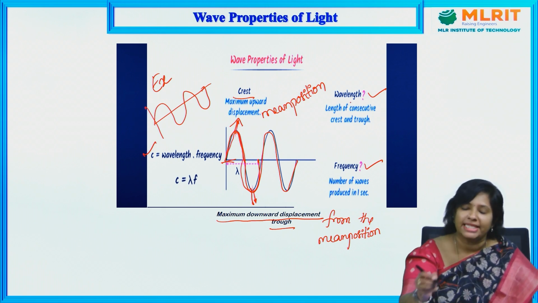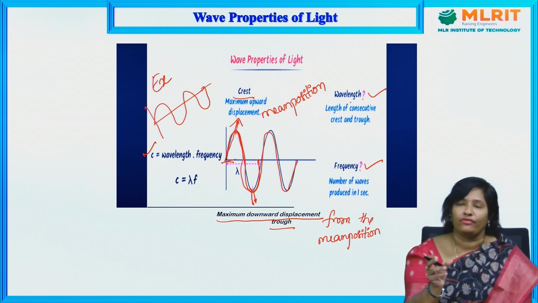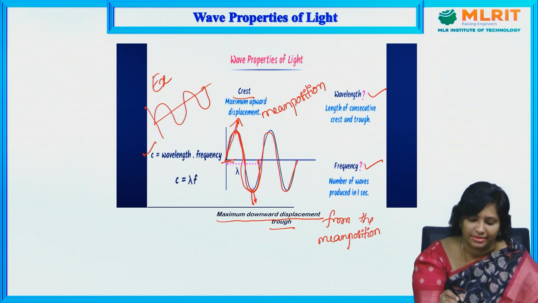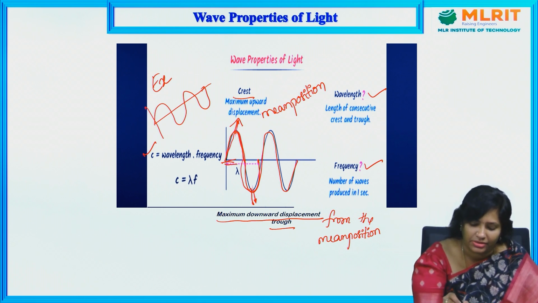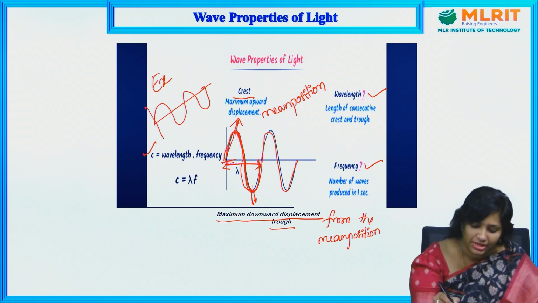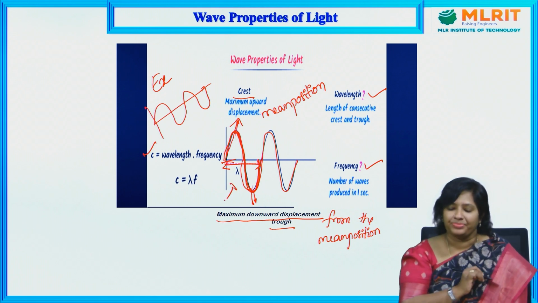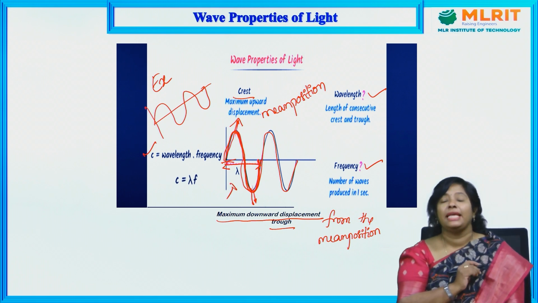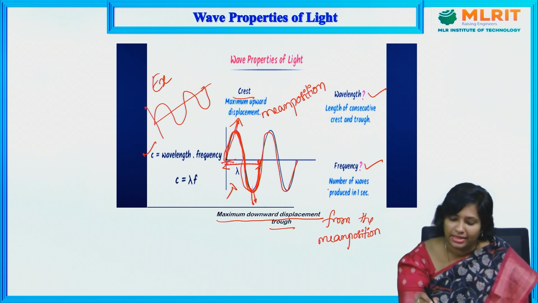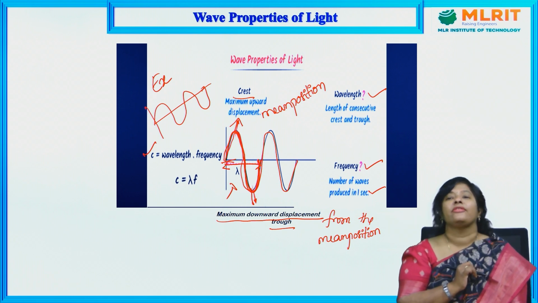Okay, what is wavelength? The length of a consecutive crest and trough, from here to here, is called the wavelength, lambda. Next, what is frequency? The number of waves produced in 1 second is called frequency.